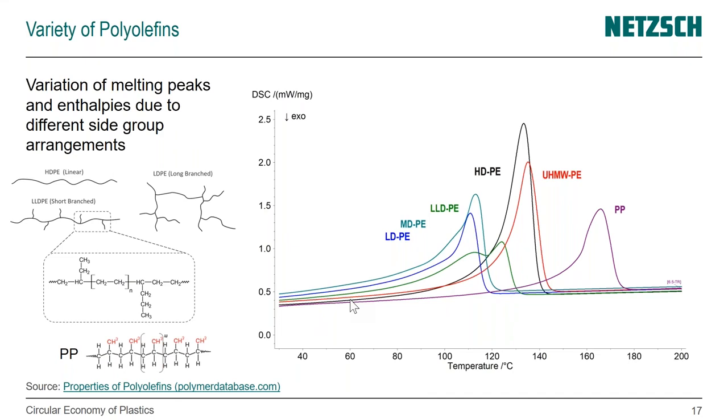The DSC peak that we see shows us the melting of the crystalline structure. The bigger the variety in crystalline size, the broader is the peak.